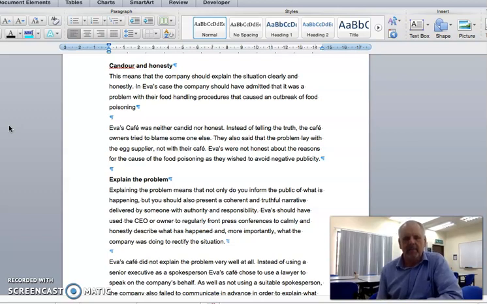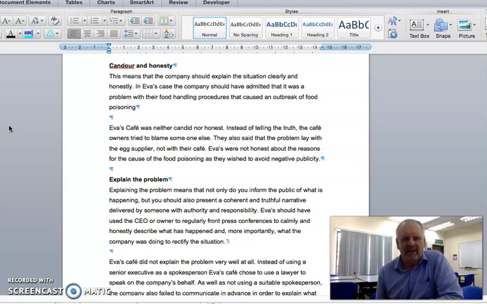And then you need to compare that to what the company actually did do. Did they do what they should have done, or did they not? And give examples to support your analysis of their behavior. Were they managing the crisis ethically or not?